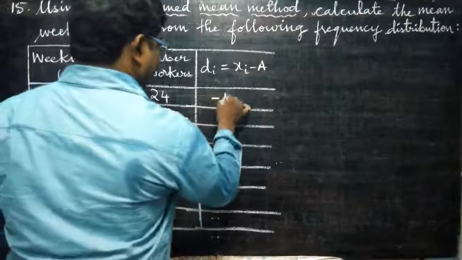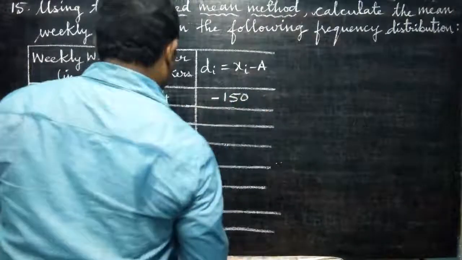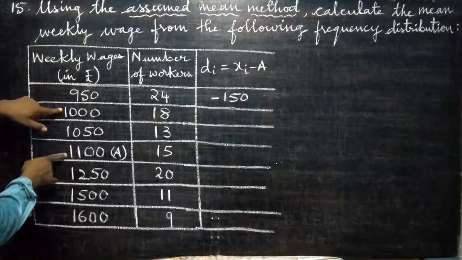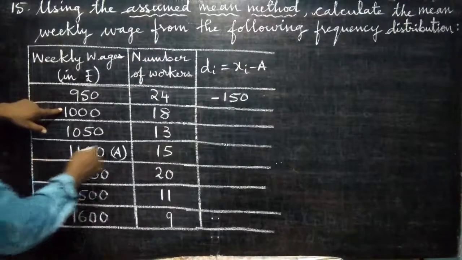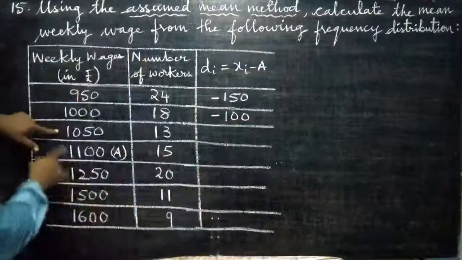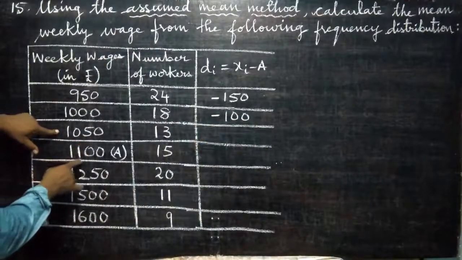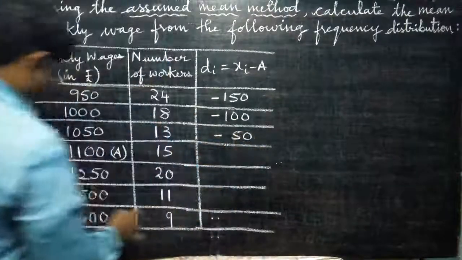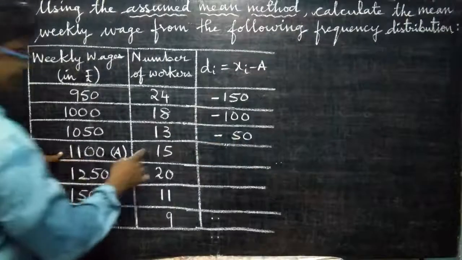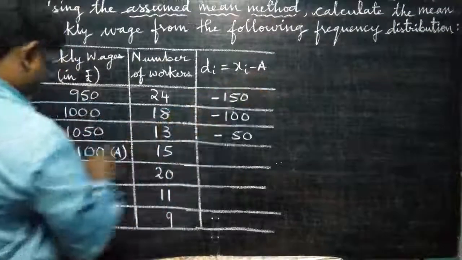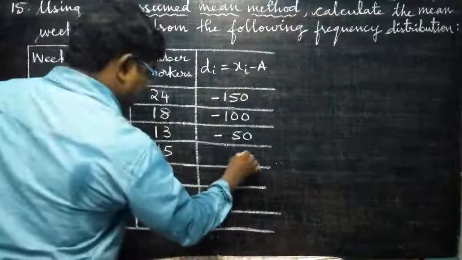Are you able to follow? Next, 1000 minus 1100 means minus 100. Now 1050 minus 1100 means minus 50. And here 1100 minus 1100, because this is only xi and this is only A, xi minus A, so 0.